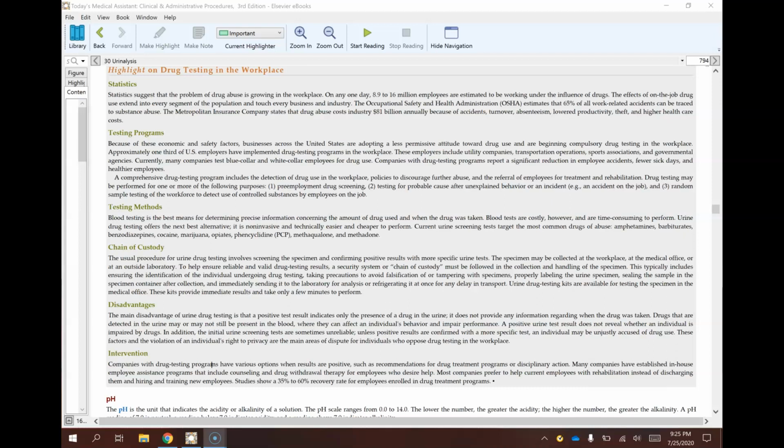Second most important in chain of custody is that you are who you say you are. Then they want to make sure that that sample is not tampered with. And they either seal the container, as I said, or take it into the lab that is on the premises. If they need to send it out, they would again do as any assistant would do, which is refrigerate it so as to not have the urine breakdown occur.